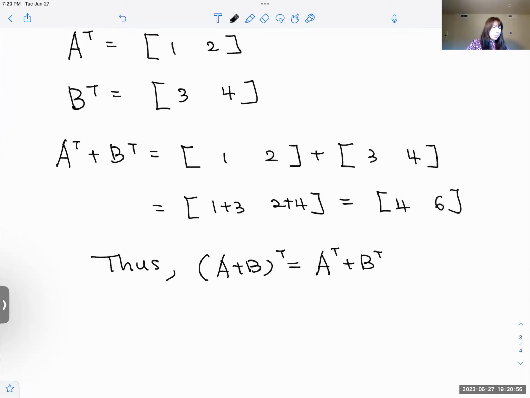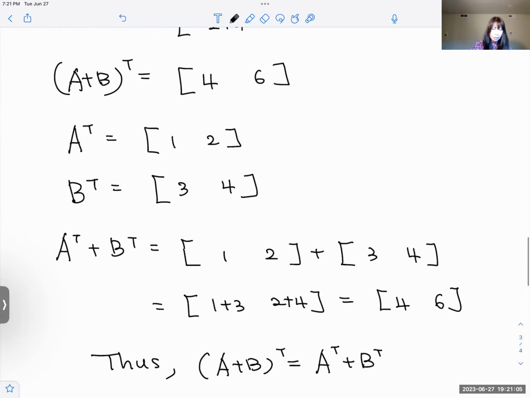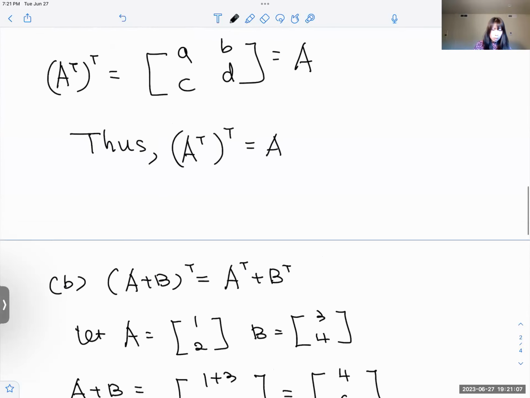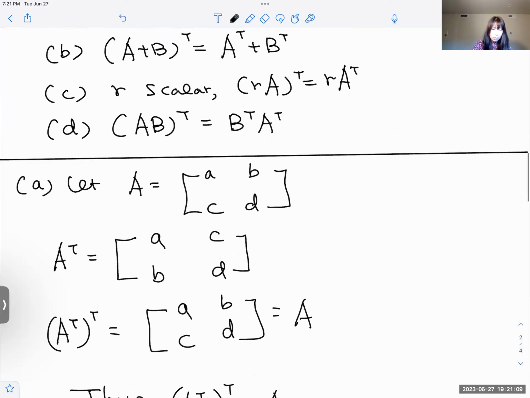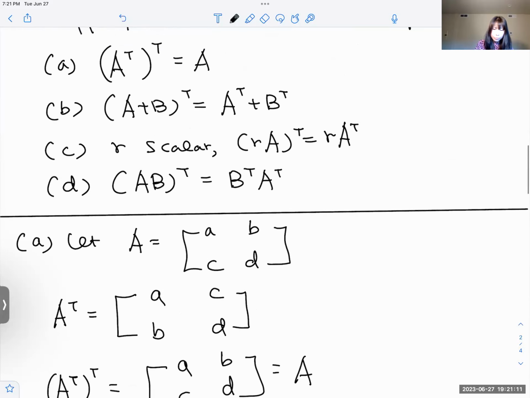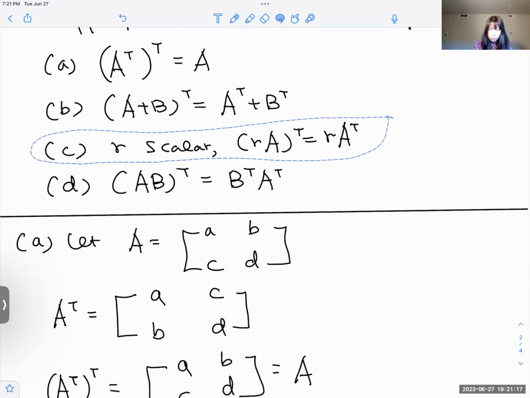All right, third one. We have the scalar times A, transposed, and we keep the scalar and then A transpose.